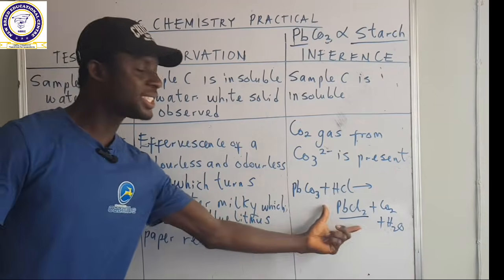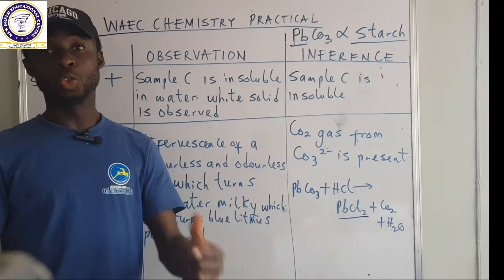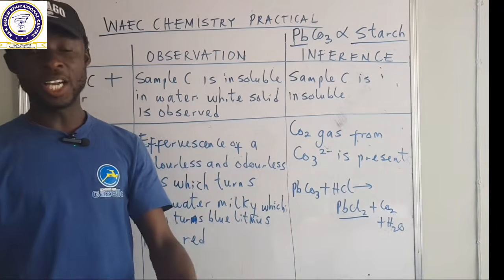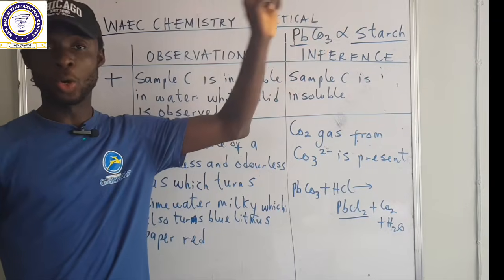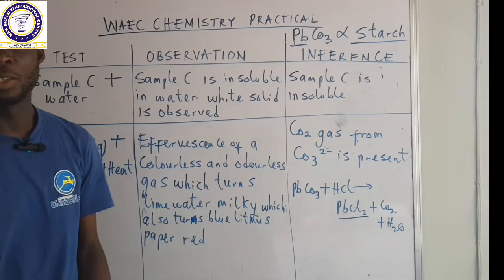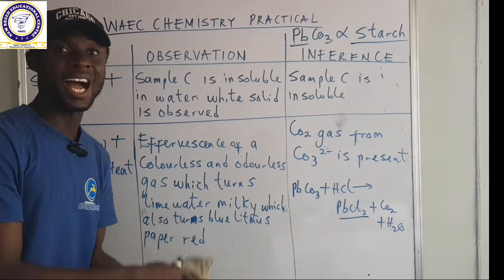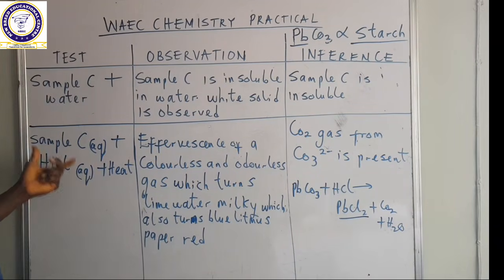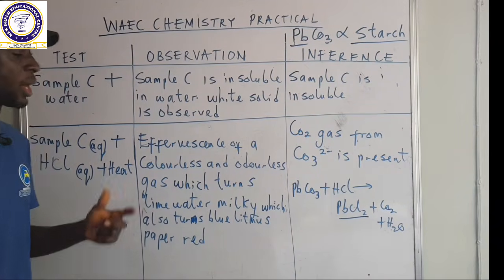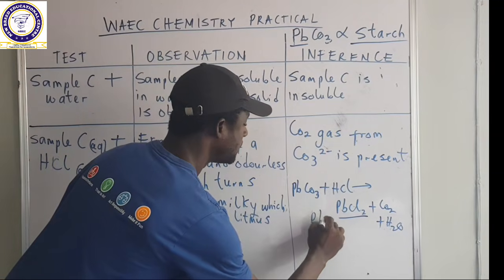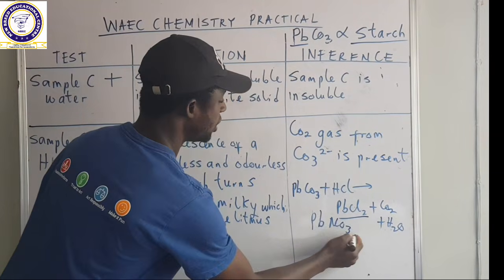So it's when you heat it that they now ask you to filter. Then your starch becomes your residue, and your lead has become soluble, so it's going to come out as your filtrate. But if you use our HNO3, we are going to get lead nitrate, which is already soluble.